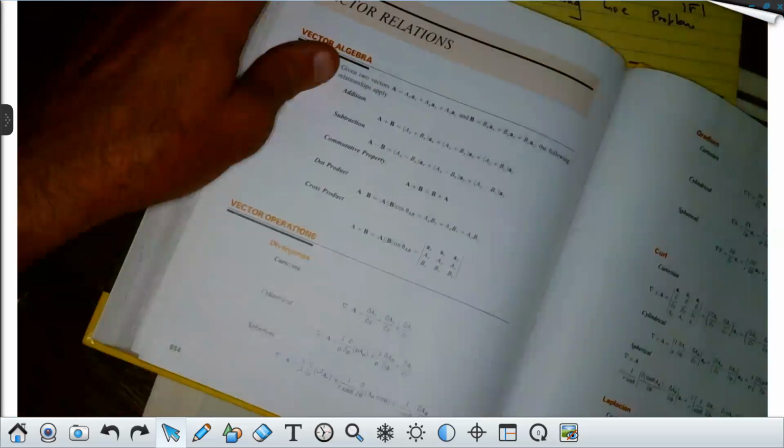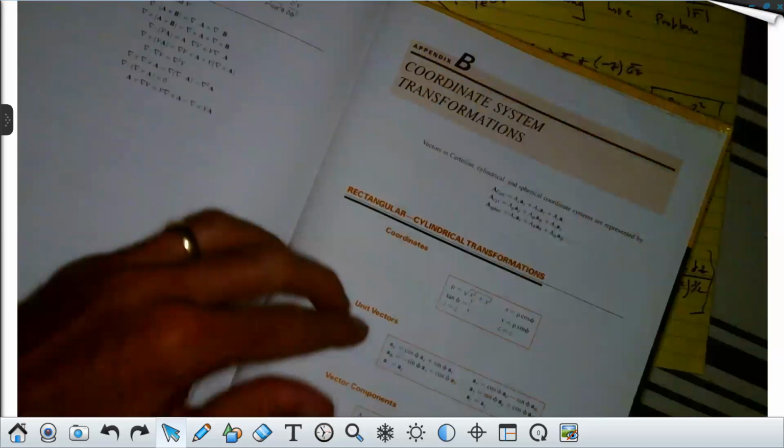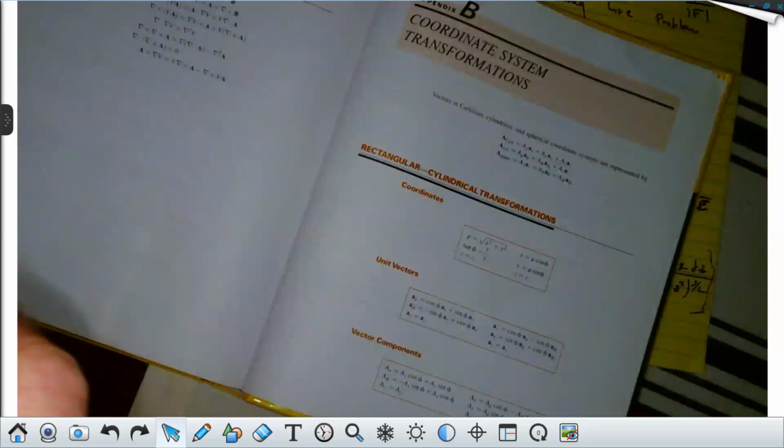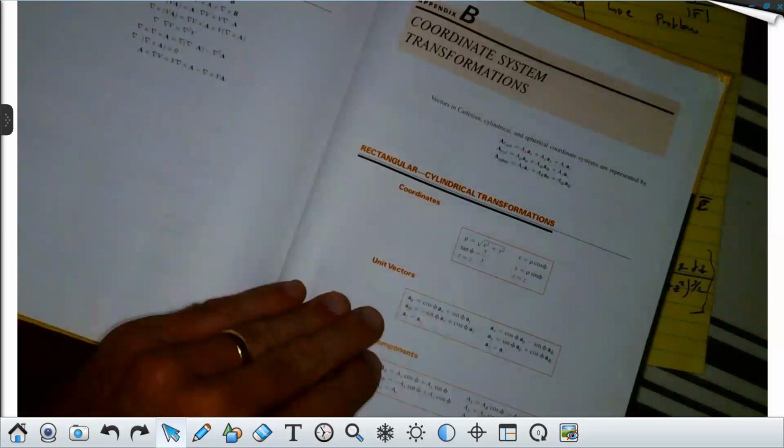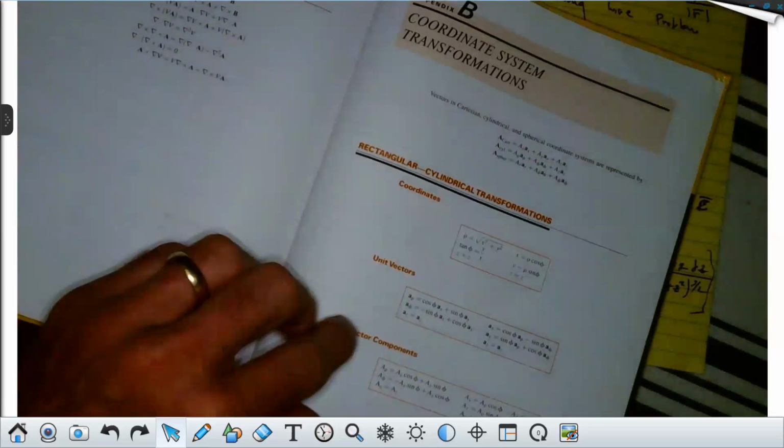I know you can't see that well, but these are vector identities that we will be getting into. And these are actual vector operators. Then he has the coordinate systems and the transformations. Now, a lot of times you'll need to take a Cartesian set of values and turn them into cylindrical or vice versa. And he has all the coordinate transforms.